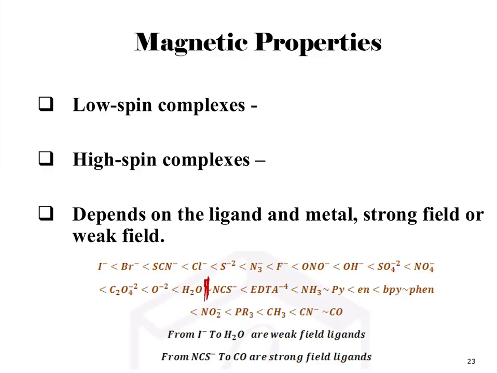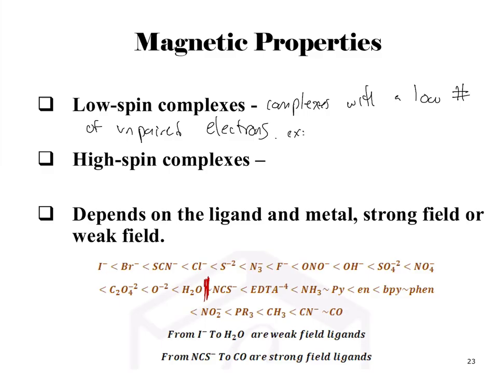So we can either have low spin complexes, which are just going to be complexes with a low number of unpaired electrons. And these are going to be from usually strong field ligands. Let me write that a little bit.